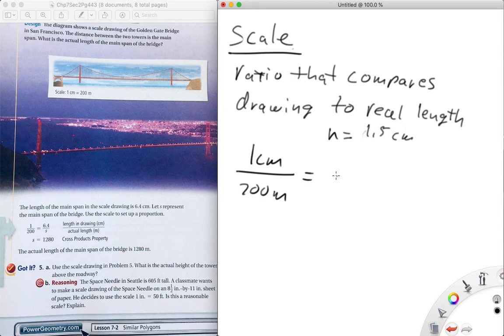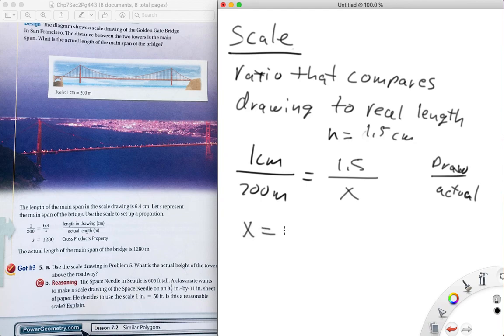So then the drawing would go up here. So 1.5 and then over x. So it would be from the drawing over the actual. So we cross multiply.